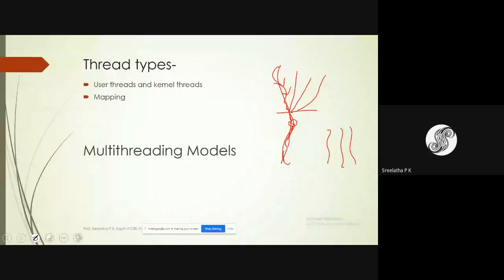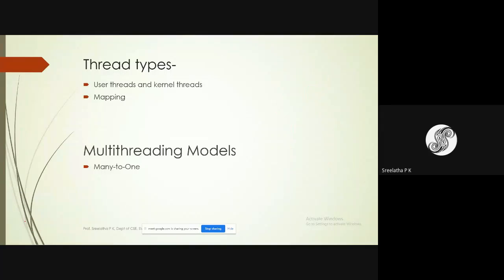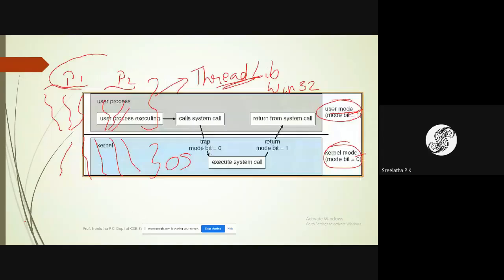Multi-threading models. Fine. So all of you know that user programs are being executed, and a user program takes the help of OS services, which are in the kernel mode. Now, I have told you that any program under execution is nothing but a thread under execution.